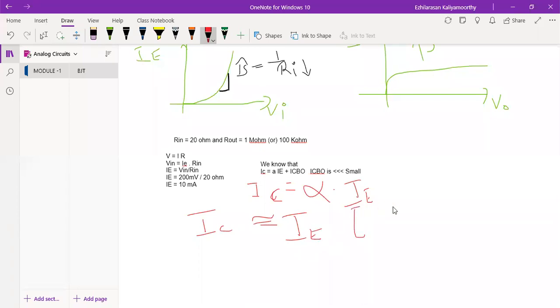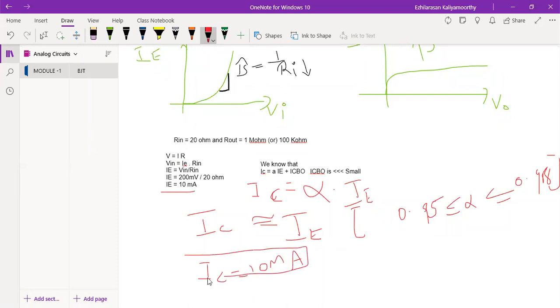Because the alpha value ranges from 0.95 to 0.98, almost equal to 1. That is why IC is almost equal to IE. We already know the value of IE, 10 milliampere, so the collector current is 10 milliampere.